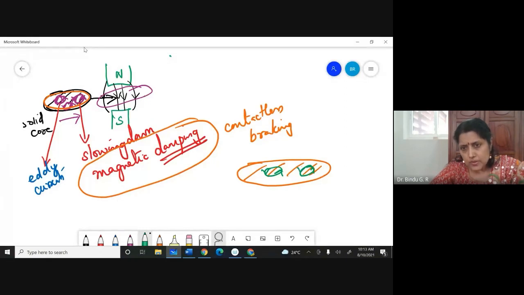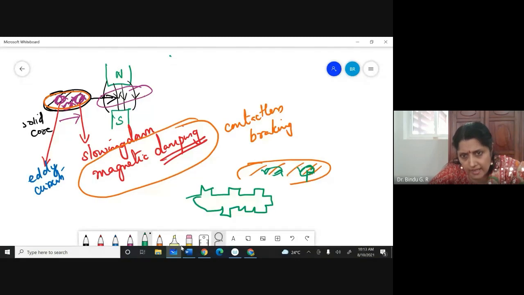What you can do is break these: instead of the solid core, you can have a core with slots like this, or put lamination, so that the currents will find it hard to make long circuits.